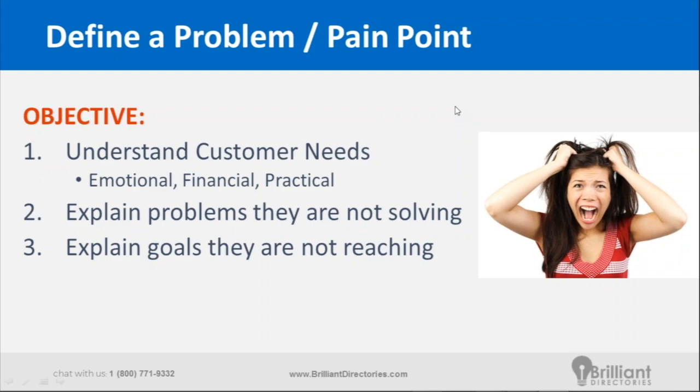All right. So what you want to do here is really understand what it is that you're trying to solve for your customers, and you want them to understand that if they don't take these actions that you're trying to get them to take, then there's a good chance that they're not being proactive in terms of resolving those issues.